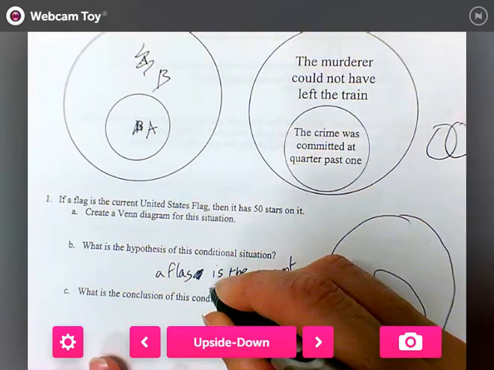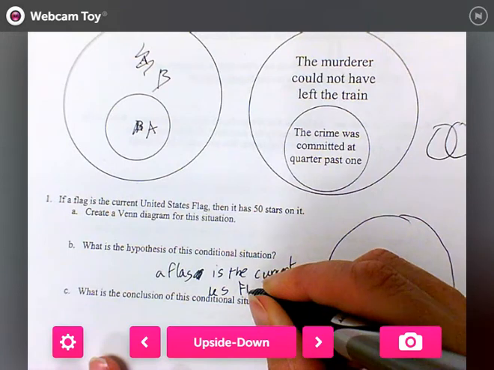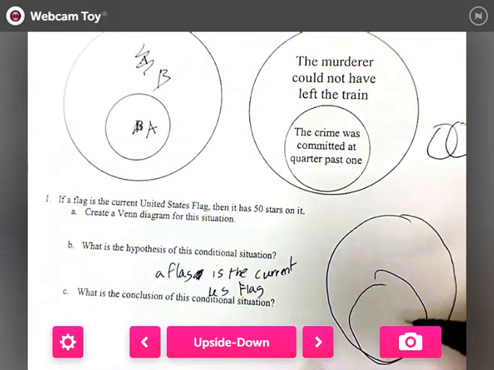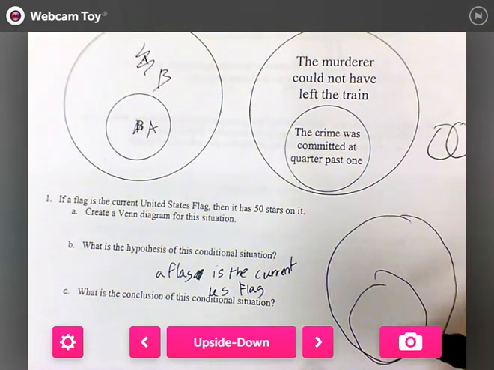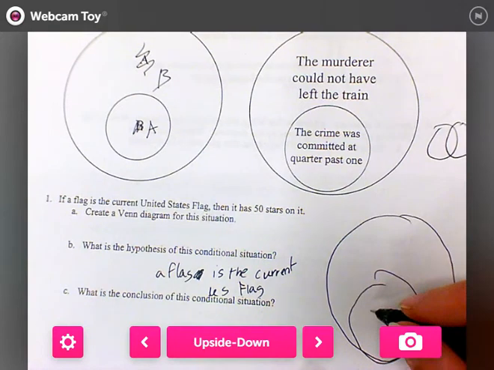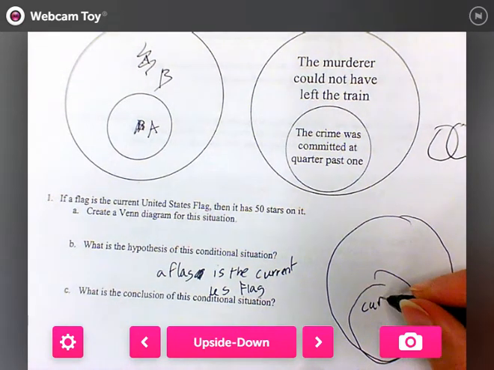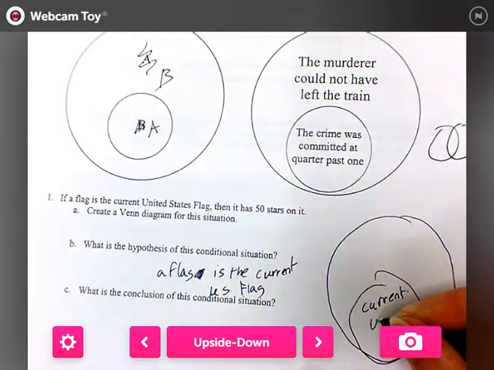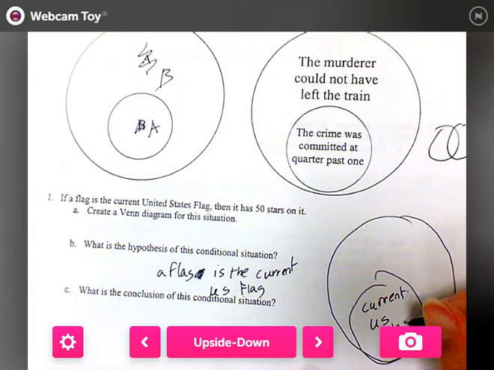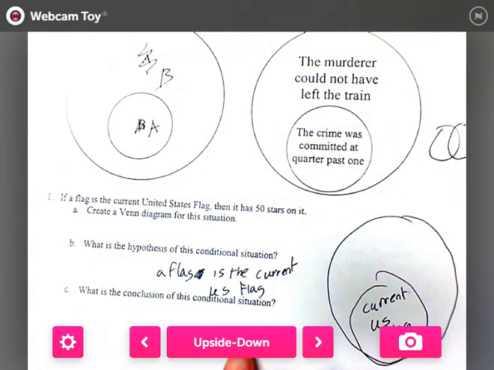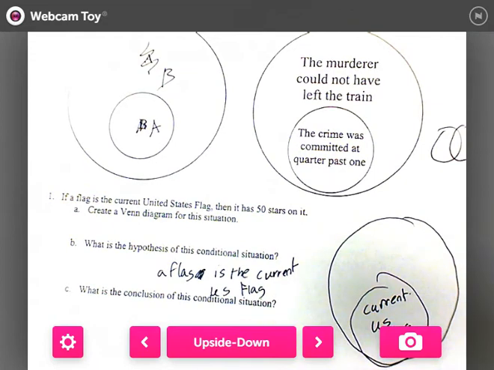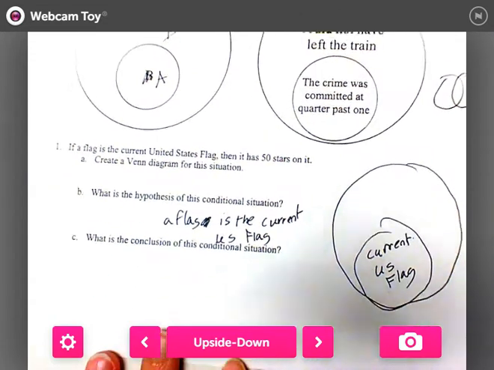We'll just put U.S. flag. Okay, so that hypothesis goes in the middle. What is the conclusion of the conditional statement? It has 50 stars on it.